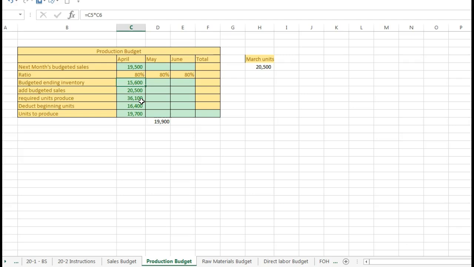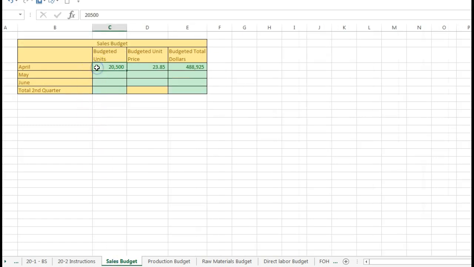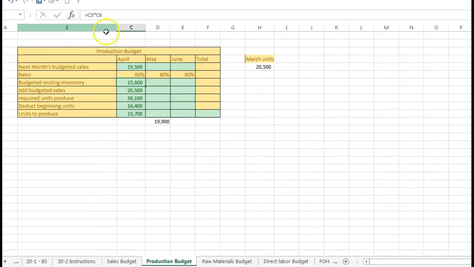We are going to make, according to the budget here, 20,000. We're going to sell 20,500 for April. So we're going to add that on. So our required units are now 36,100.